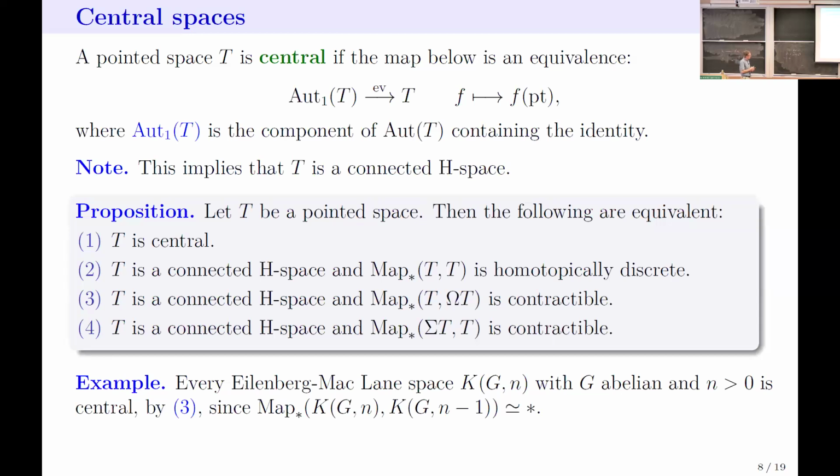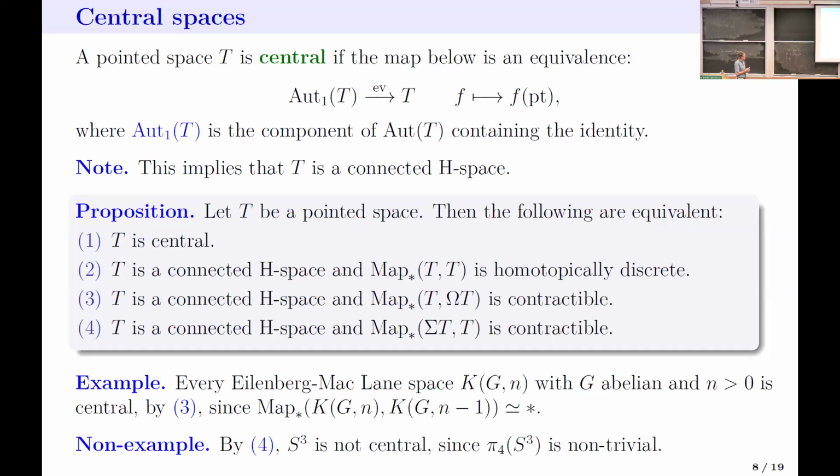And then because you're mapping from an n-1 connected thing into an n-1 truncated thing, you can see that the mapping space is contractible. So that's one example. A non-example would be the 3-sphere. You can use the fourth condition to see that, because there are maps from the suspension of the 3-sphere to the 3-sphere, non-trivial pointed maps.